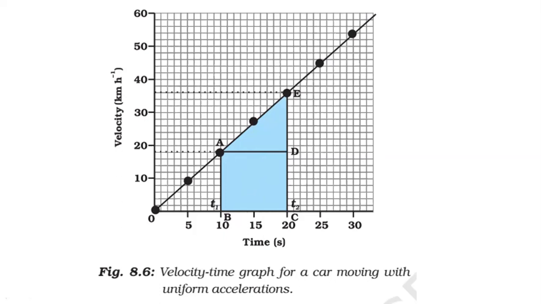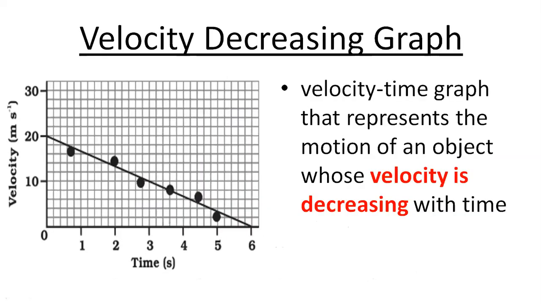So let us not concentrate on this. Now the next graph which is given is the velocity decreasing graph. Focus on this. At the 0th second, when the body started, it had a velocity of 20 meter per second. But as time increases, you can see that velocity is decreasing. Here it is around 15, then it went to 10, then 9, 8, 7, and it reduced to 0.